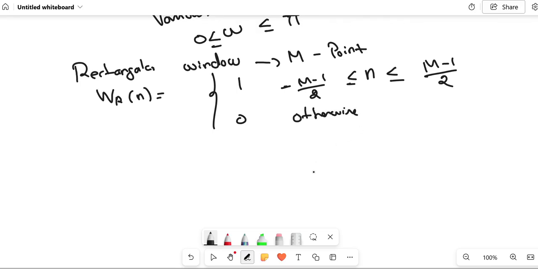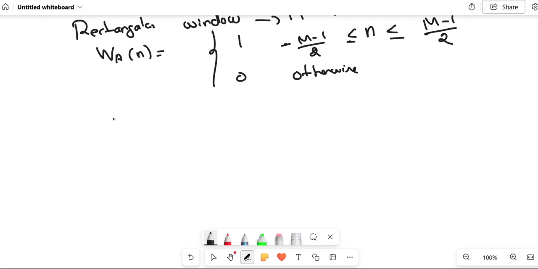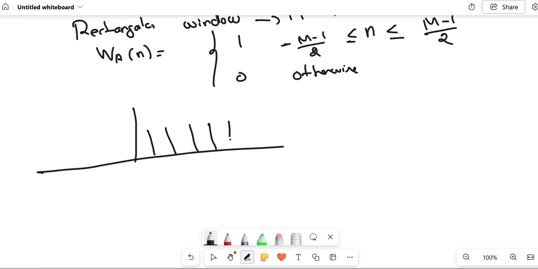How do you draw this one? With the window function, all will be 1. So, this is your rectangular window function, w r of n.